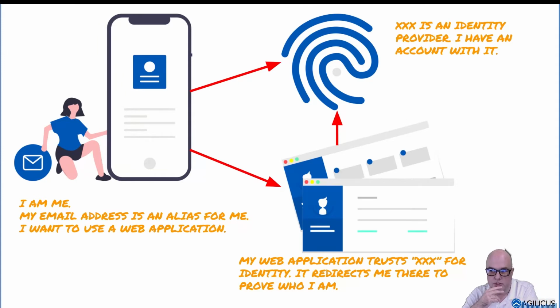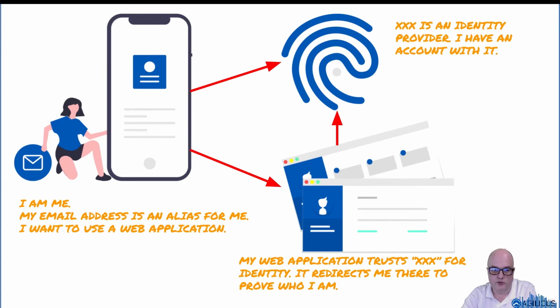That web application, which is run by my corporation or something that I want to use personally, has a trust relationship. So that web application, in the last case, Dropbox, has agreed that they will use Google as an identity provider. And that means that if Google says they trust the user, then they will trust the user.